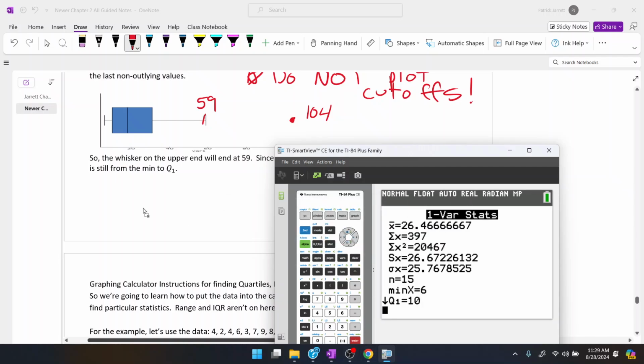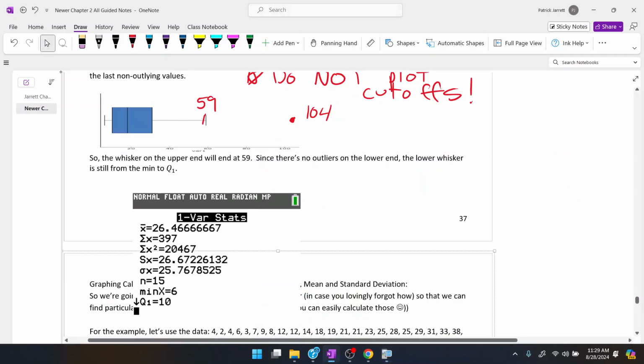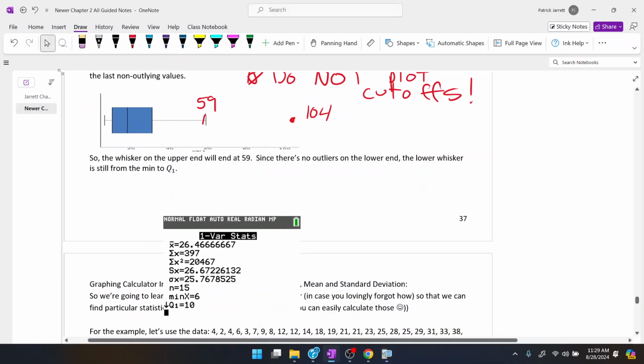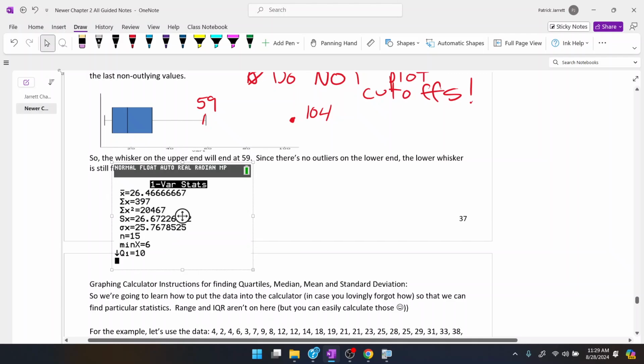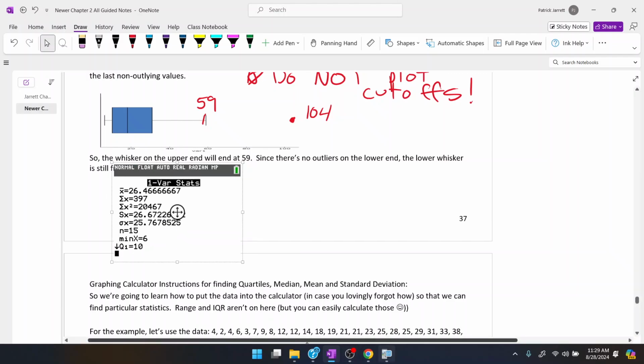And if I notice, there's my mean and standard deviation. Now, I really care about the standard deviation here. But if we remove the 104 and recalculate. So what happens if we remove the 104 and recalculate?